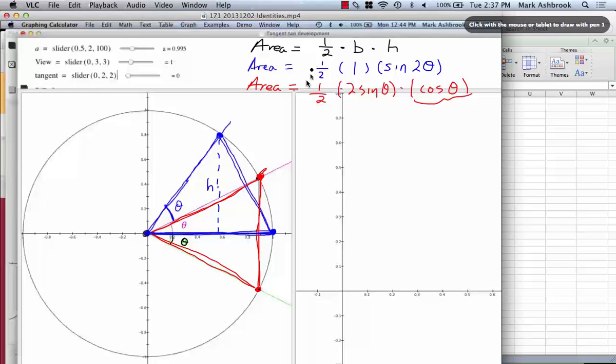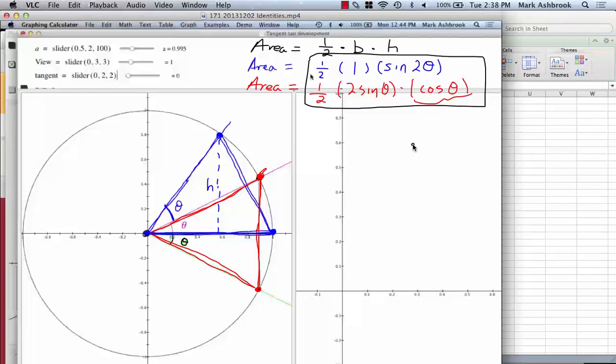So we're going to create an identity by setting these two equal. When we set those two equal, we can just multiply by 2 and get rid of the 1/2. And we get what's called the double angle identity. Sine of 2 theta, that's from the blue triangle, equals 2 sine theta cosine theta.